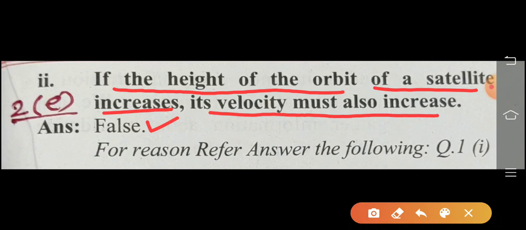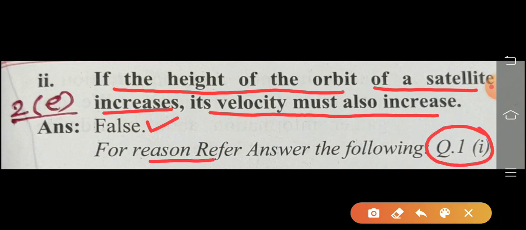So if the height of the orbit of a satellite increases, what happens to its velocity? Its velocity must decrease. So for the explanation, we refer to the reason of question number one, first option. We already discussed it there, so you check that explanation.